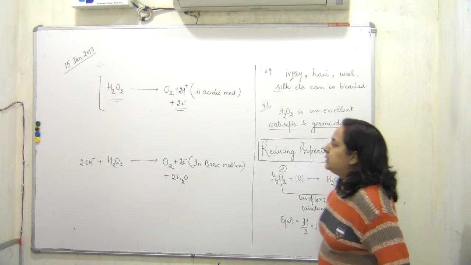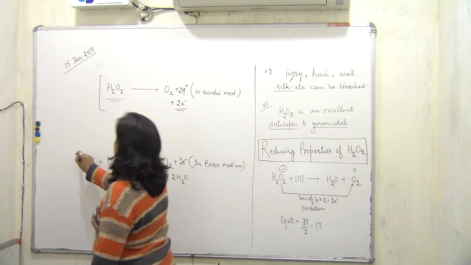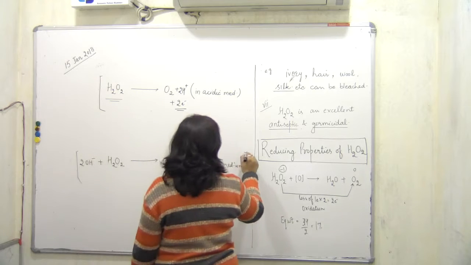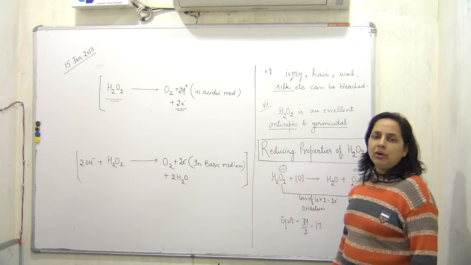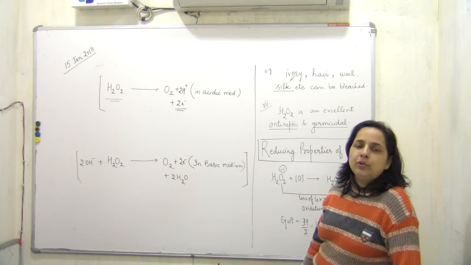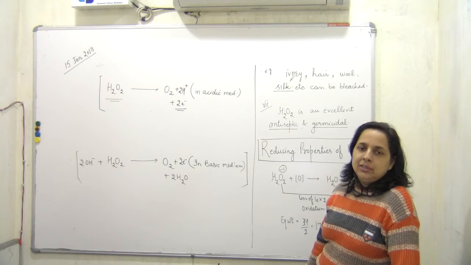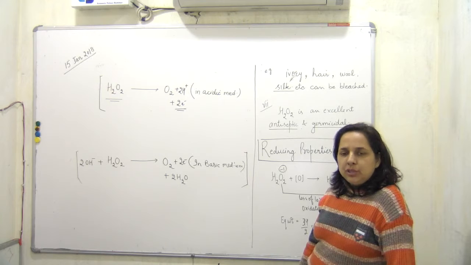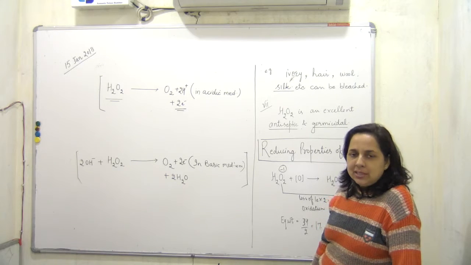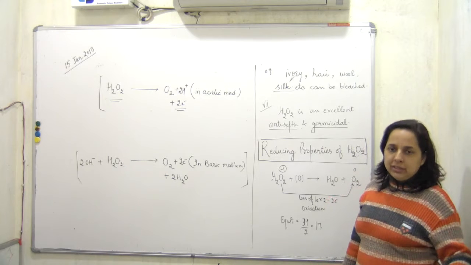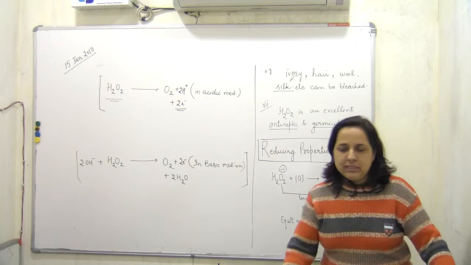In basic medium, it is hydrogen peroxide converted to oxygen. It means during oxidizing and reducing behavior, the product formed is different. If hydrogen peroxide is producing oxygen, in that case it is acting as a reducing agent, and if it is producing water, it is acting as an oxidizing agent.